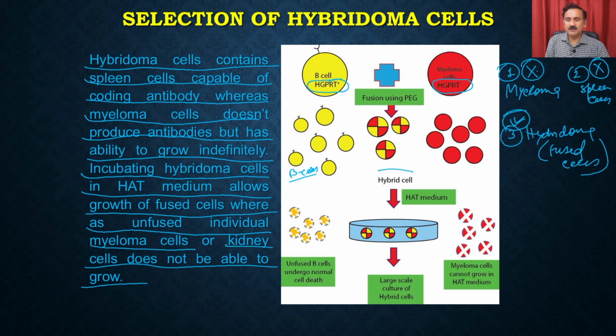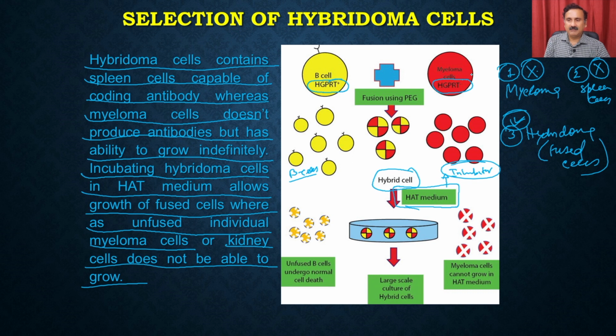When you put the fused or hybrid cells into the HAT media, HAT is going to contain inhibitors, right? And these inhibitors are going to inhibit the DNA synthesis in both cells. The B cell can recover from that inhibition of DNA synthesis because it is an HGPRT positive cell, but the B cells can only grow for a very limited period of time, so eventually they will die.